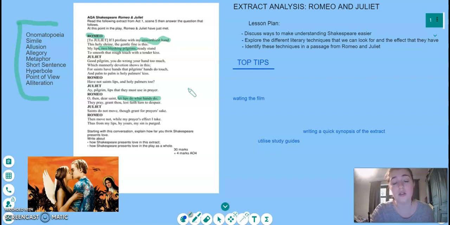Also, I'd really encourage you, if there's anything to do with your English specifically that you think you struggle with, please let me know as well, because then we can spend a session going through that and hopefully clarify things for you. Not everybody's weaknesses are the same. Everybody has an aspect of English literature that they find more difficult or a little bit more challenging. So don't be discouraged and please let me know.